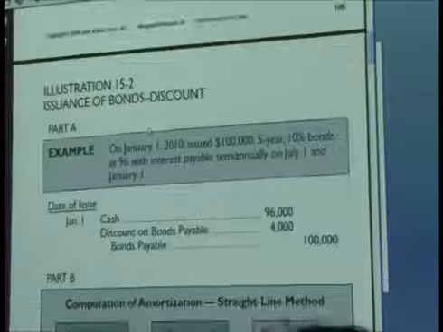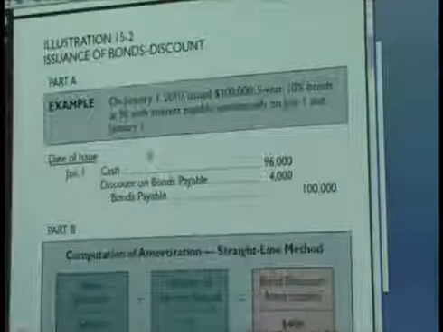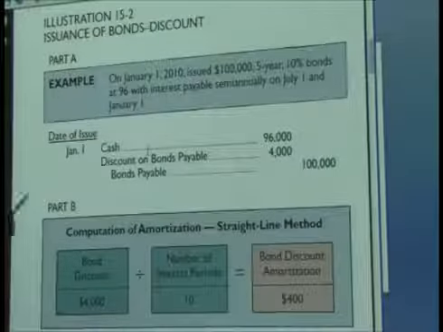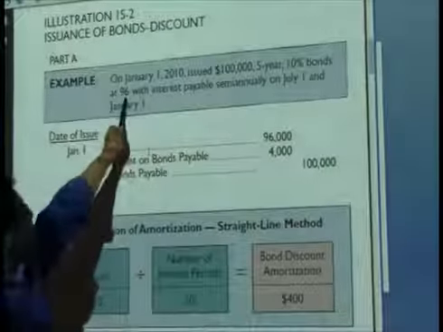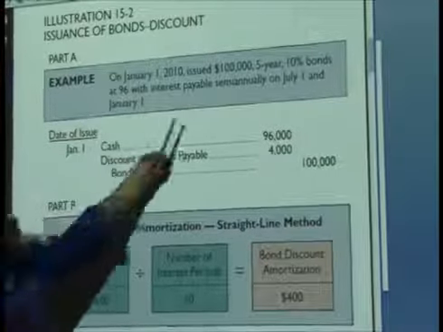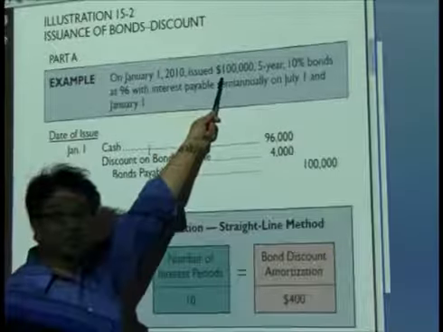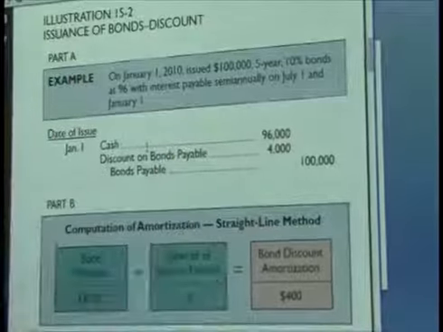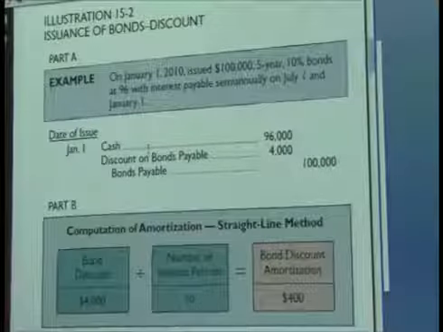Just a second. I think I know where things are. Your textbook has an example like that: $100,000, 5 years, 10%. So my example and your textbook example both use $100,000. Anyway, before I start, any questions?